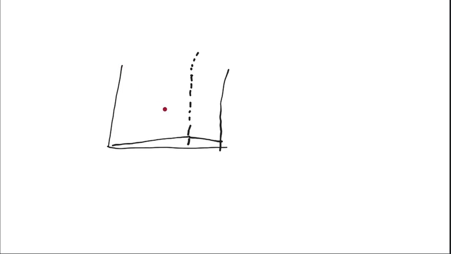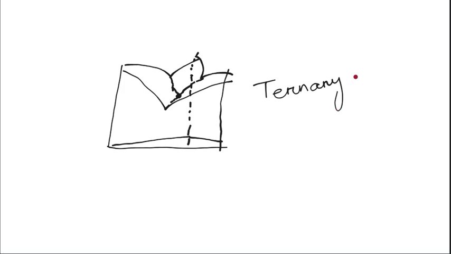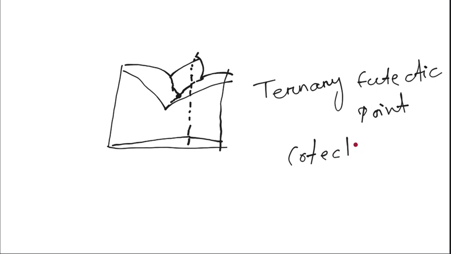So this is one eutectic, this is the second one, and this is the third one. These are the eutectic points. We can extend the eutectic points, which will join at one point that is known as the ternary eutectic point, or you can say cotectic point.